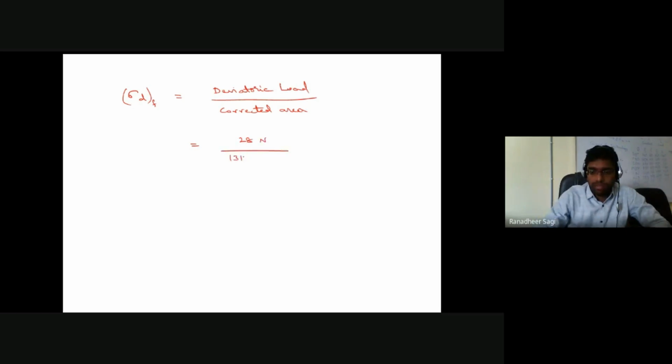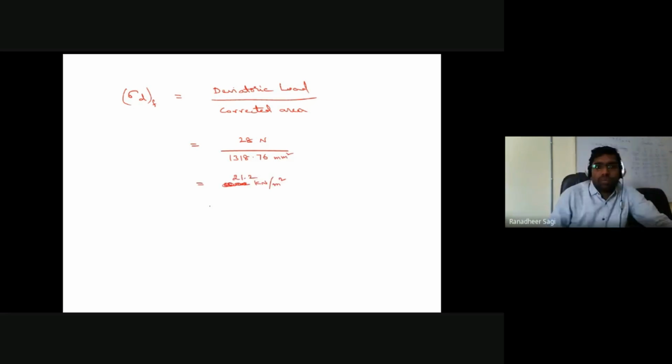Once the correct area is known, your so-called deviatoric stress at the failure of the soil sample is nothing but the deviatoric load by the corrected area. My deviatoric load, which was causing the failure in the soil sample, was given as 28 newtons, divided by 1318.76, which is in mm square.